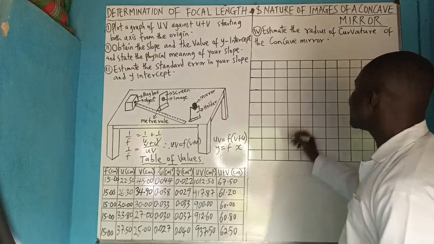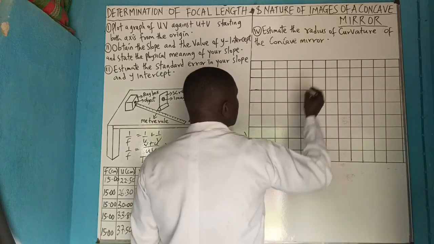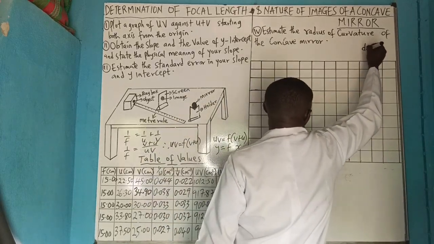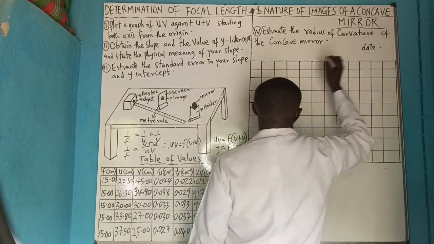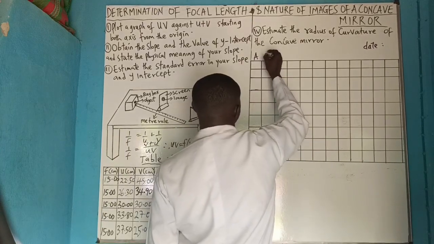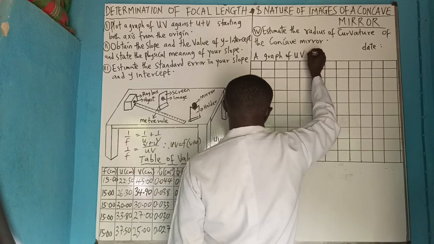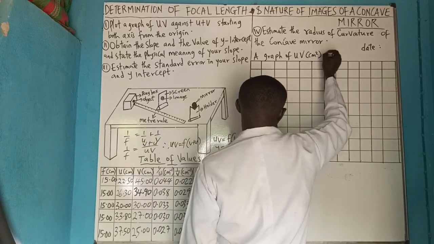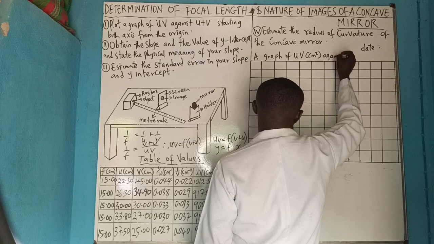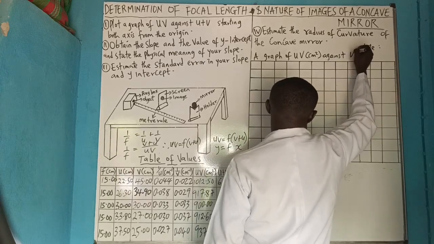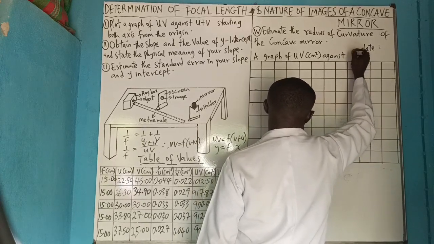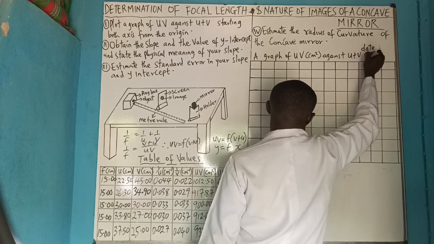Now for us to plot the graph, first thing to do, write the date of your experiment, then write the title: a graph of uv in cm squared against v plus u, or u plus v, whichever one, in cm.